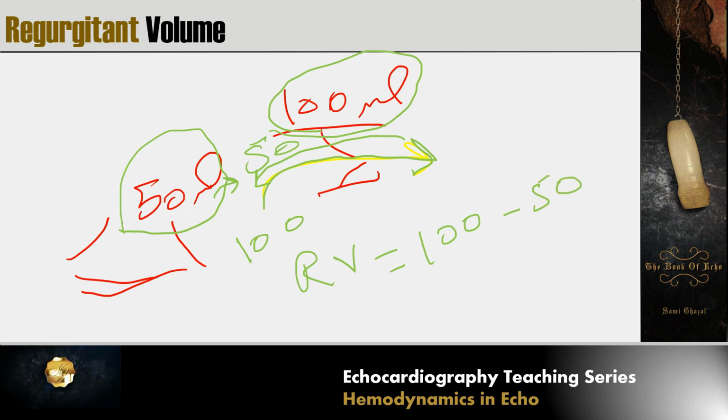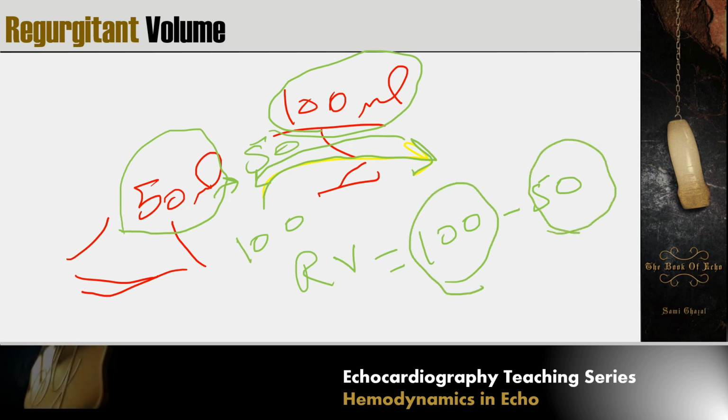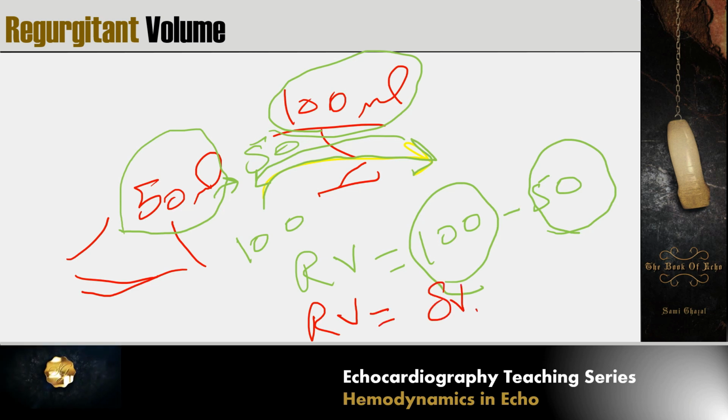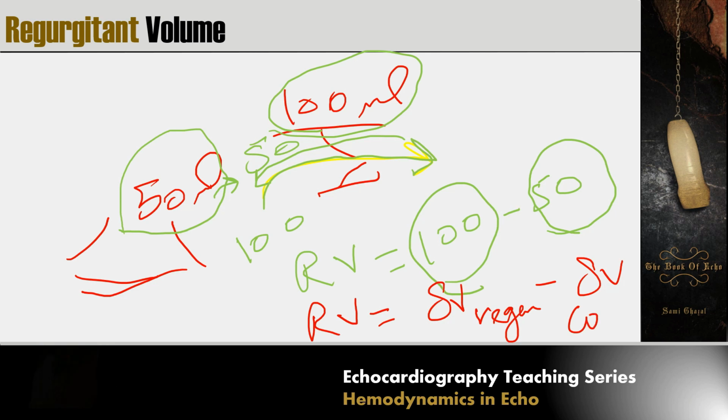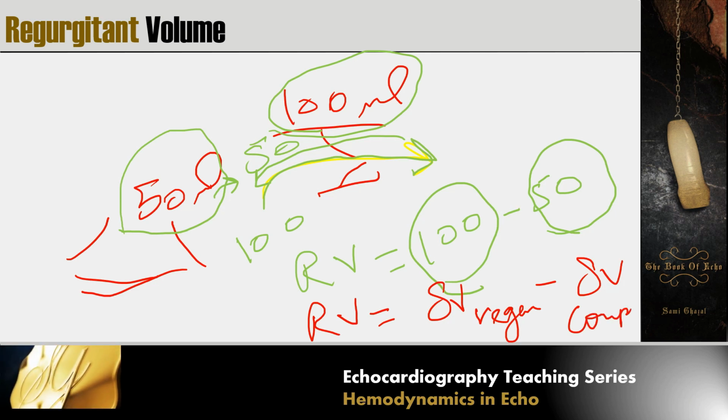So the first always is the regurgitant valve, and the second one is the competent valve. So it will be like this: regurgitant volume equals stroke volume from the regurgitant valve minus stroke volume from the competent valve.